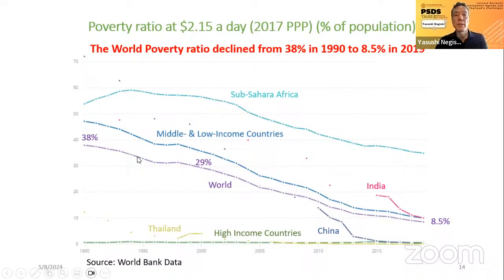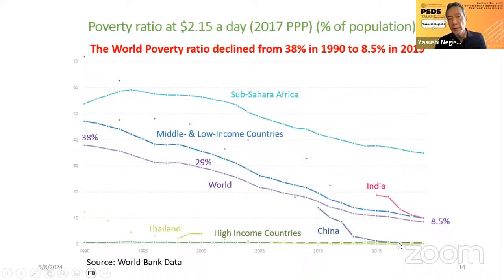So we were able to see a significant reduction of poverty during the past 30 years. This is largely due to the high economic growth and improvement of the poverty situation in both China and India.